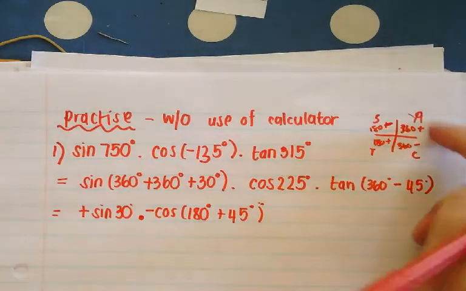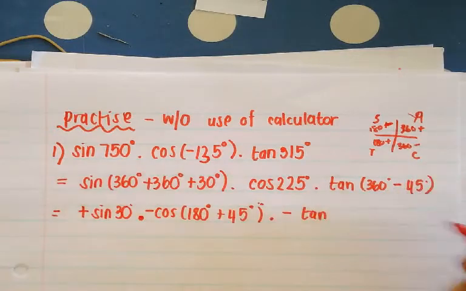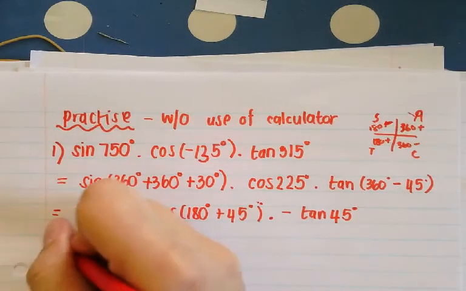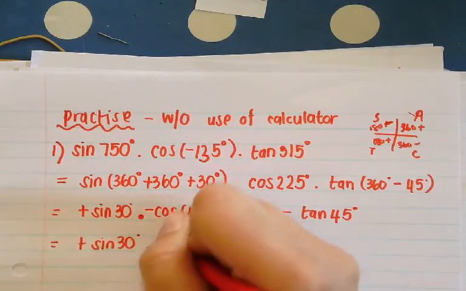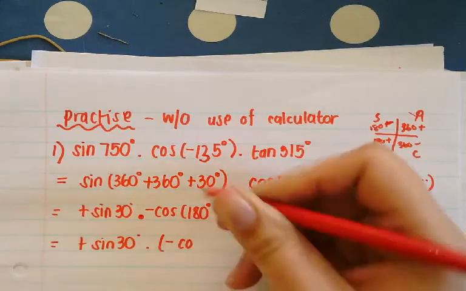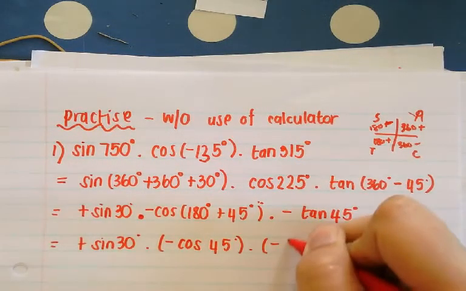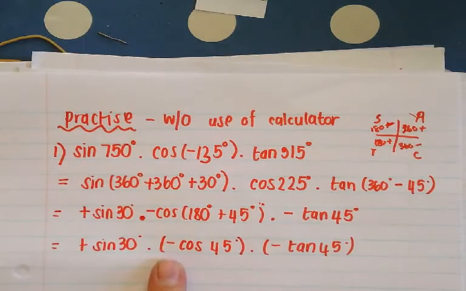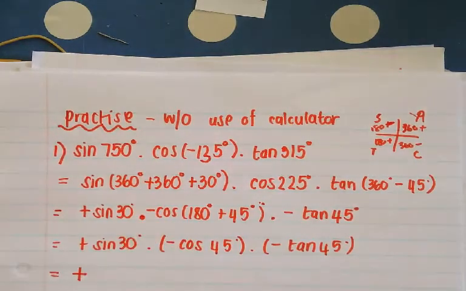And then tan 360 minus 45 is negative in that quadrant, negative tan 45. I'm just going to get them all into the reduced form, but you don't actually have to show this step. Remember, we are multiplying, so this would be cos 45, negative tan 45. Positive times negative times another negative. So I've sorted the signs out.